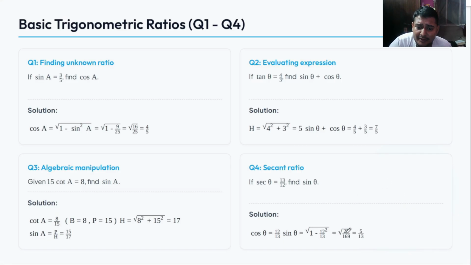So the expression becomes root 25 by 169, so 5 by 13 is the final result. So sine theta equals 5 by 13. And here the bracket is missing, I have to put the bracket over here. This is the bracket required.